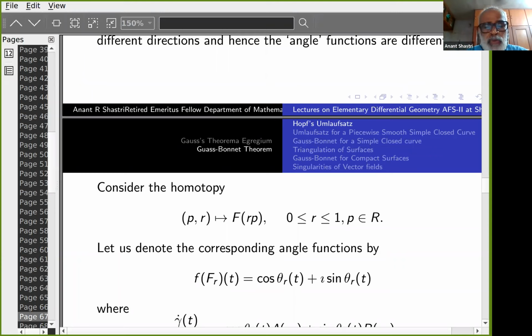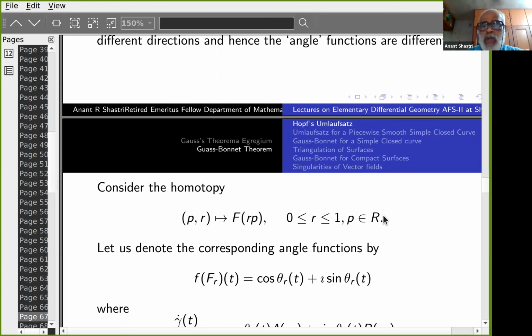So what I'm going to do here is look at this function P comma r going to f of r times P, where r is from 0 to 1, where P is inside R. For all these points, for the whole of R, it is defined.